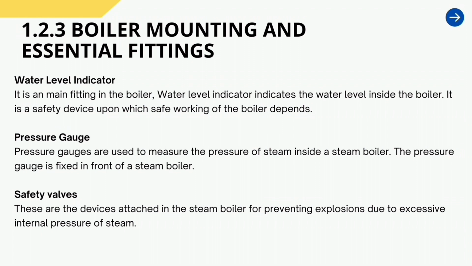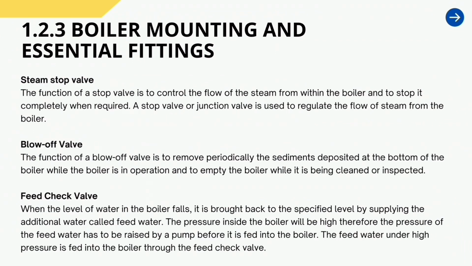Safety valve. These are devices attached to the steam boiler for preventing explosions due to excessive internal pressure of steam. Steam stop valve. The function of a stop valve is to control the flow of steam from within the boiler and to stop it completely when required.